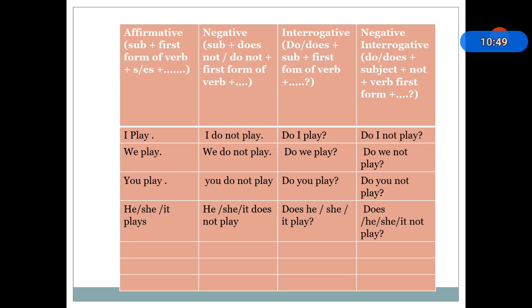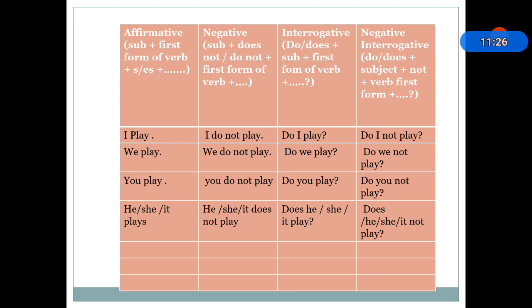The rule for an affirmative sentence in simple present tense is subject plus first form of verb, and to the first form of verb you add s or es depending upon the subject, plus the object. Example, I play, we play, you play, he, she, it plays.